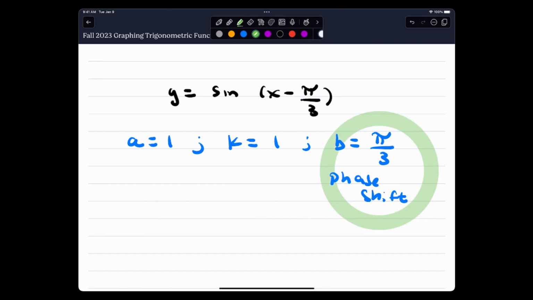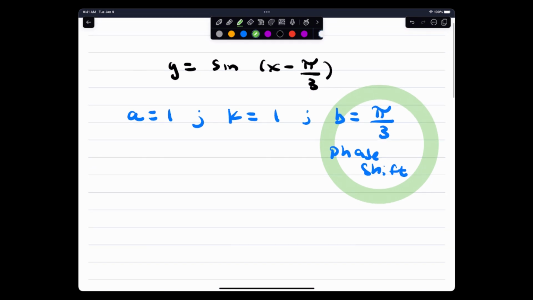Now, remember, what's the period here? What's our period going to be? Period equals what? 2 pi over k, where k is what? So 2 pi over 1 is just simply 2 what? 2 pi.